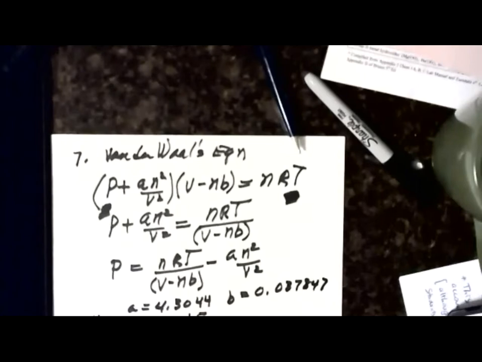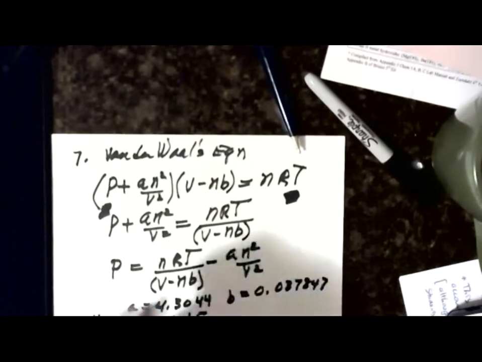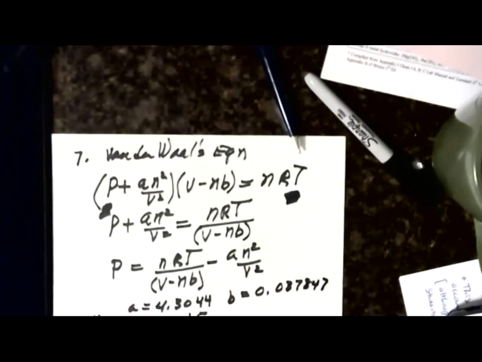So it's got 1 nitrogen, 14.01, and it's got 3 hydrogens, and hydrogen is 1.008. Okay, so there is my, let's see, what do I want? The temperature is 300 degrees Celsius plus 273.15.